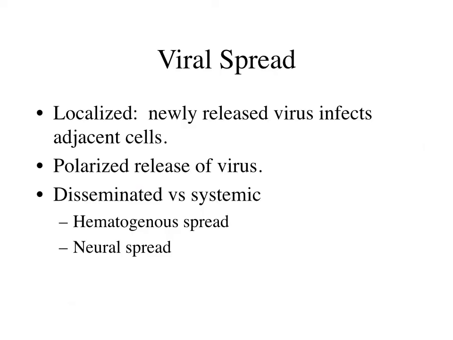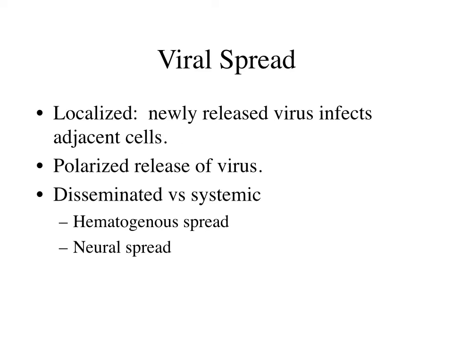Okay, so next we want to talk about how the virus spreads. We can have localized infection, and with a localized infection, the virus produces injury predominantly near the site where it enters the host. So let's go back to our example of upper respiratory infections by rhinoviruses.